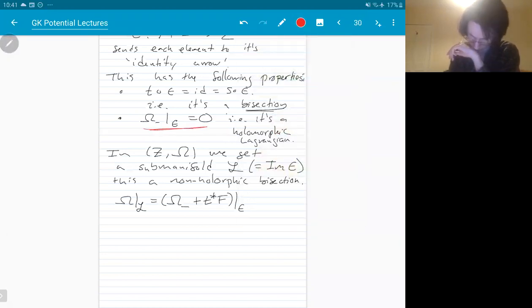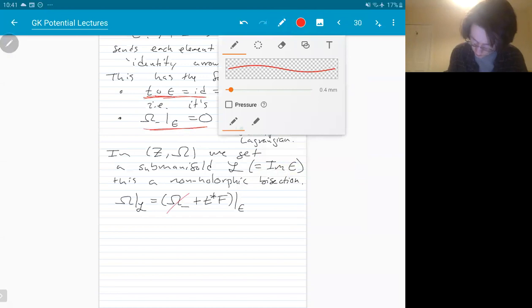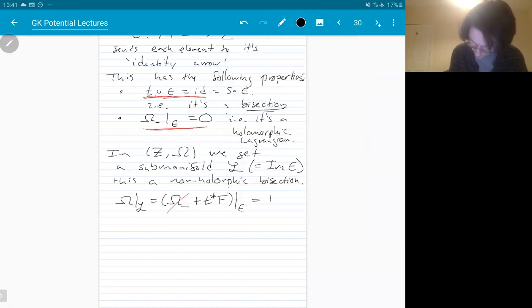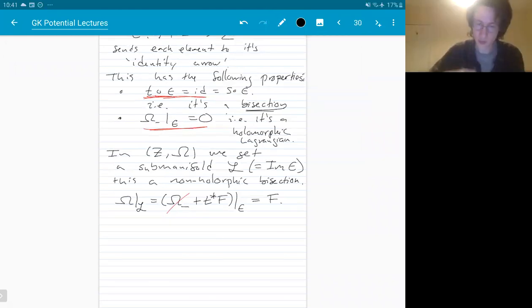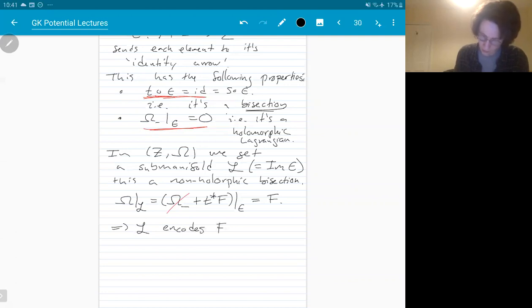This fact here means that this vanishes, and then this fact here means that we just get, in the end, F. So you can recover F, and therefore the rest of the structure, from L. That's the upshot: L encodes F, i.e. the metric.